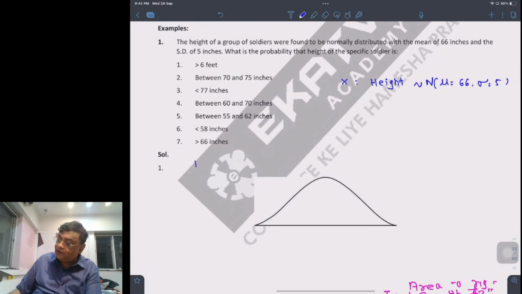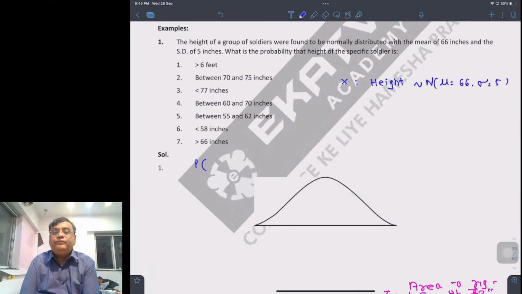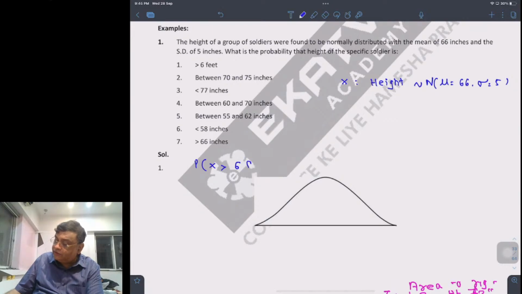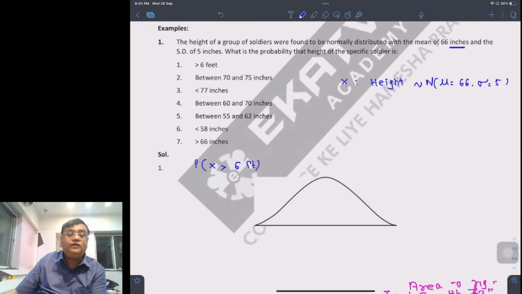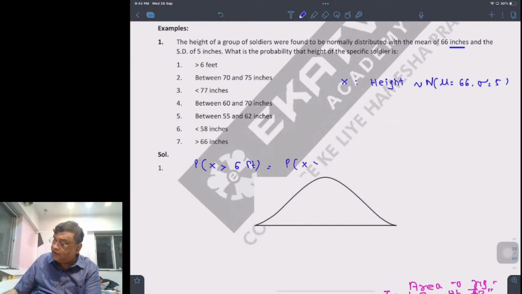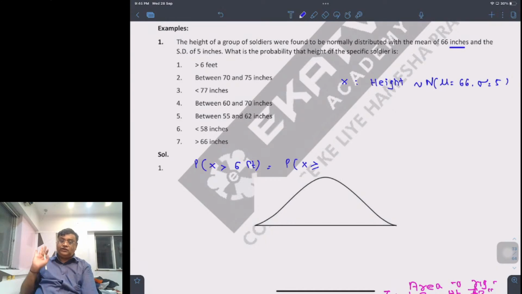Now, let me consider the parts one by one. What do you want in the first part? The probability that height, which is X, is greater than 6 feet. Because the data is given in inches, what is in feet has to be converted into inches.